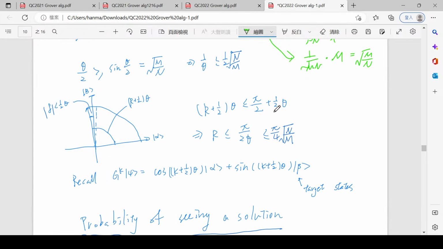And now you want, say, the number of rotations is big R, then you want at the end R plus 1 over 2 theta is, wait, did I? Okay.